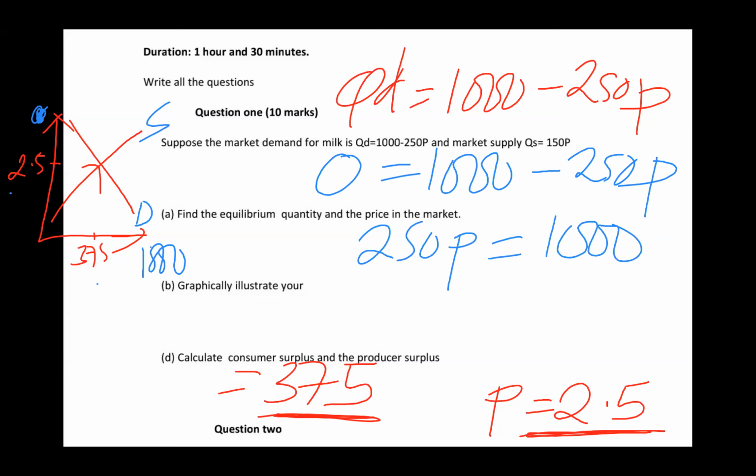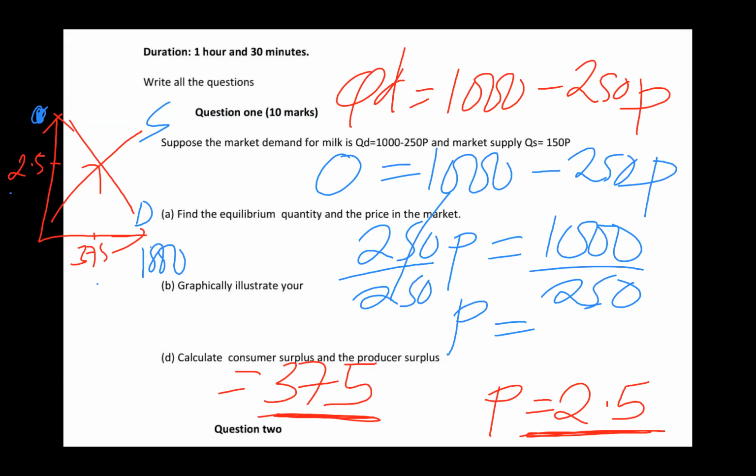Divide through by 250. What is the maximum p, the intercept? It's 4. So on the vertical axis, the maximum we can go is 4 quarters. That's the maximum price, that's the intercept.